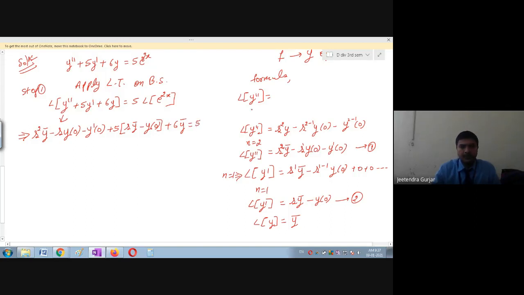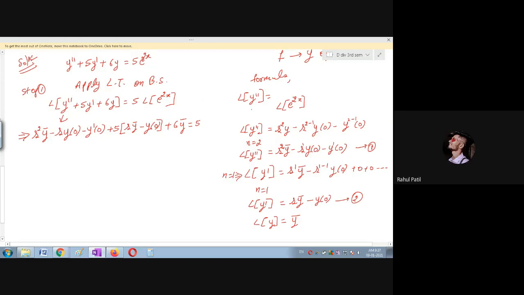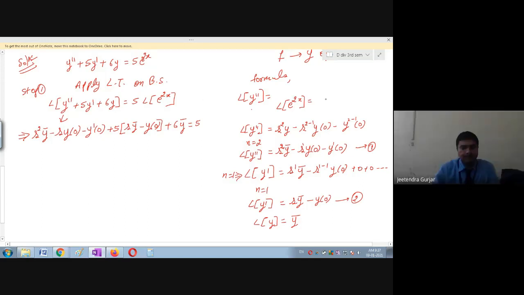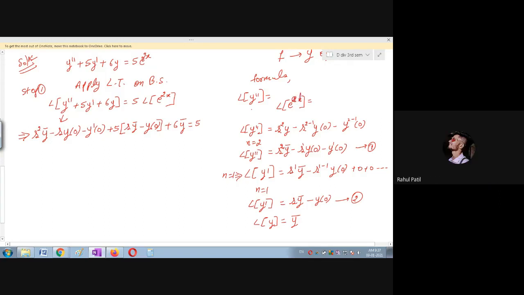Can anybody tell me what is Laplace transform of e raised to 2x? Any idea? I think we used to take this as 1 upon s minus a, right? 1 upon s minus 2.